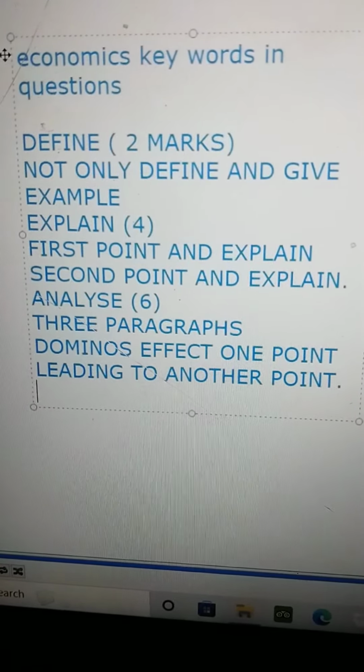Secondly, the second paragraph: write in favor. Try your best to write 4 points at least. No hard and fast rule, you can write 5 over here because it is an 8-mark question.